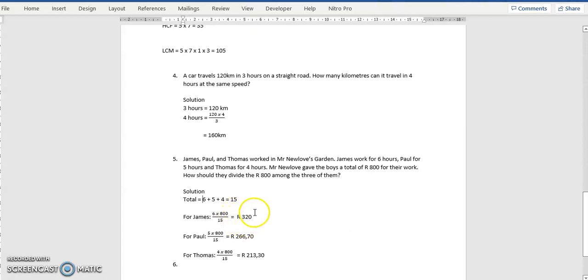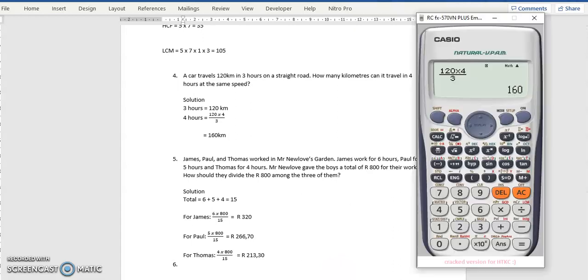And this is going to give us 320. How do we press this on the calculator? You have this, then 6 times 800 divided by 15. So you are going to have 320 rand. Are we together? Okay, let's look at Paul.